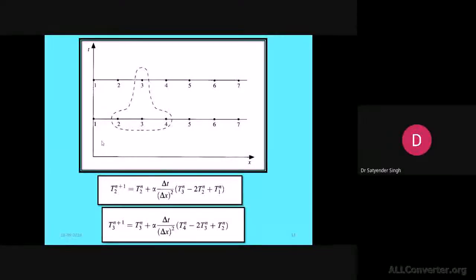Taking i as 3, the right hand side takes the information of the cells at locations 4, 3 and 2, giving the information of Ti, and solving it for the n plus 1 level by taking the information from the previous time level.